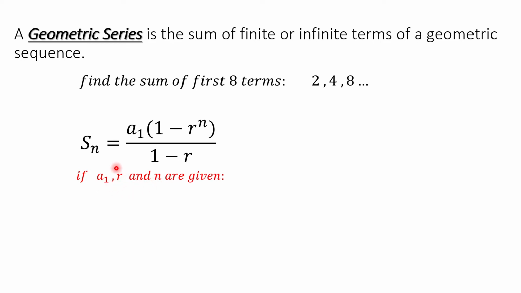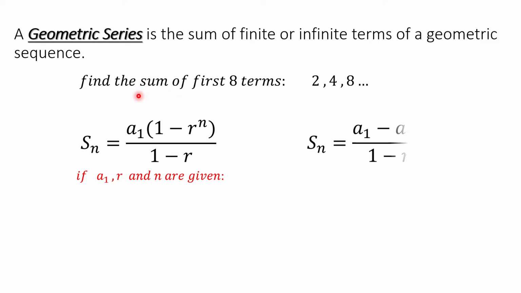So, regarding common ratio, meron tayong separate video kung paano kunin or paano isolve yung common ratio. So, you can visit my channel regarding geometric sequence, no? Andun yung video natin.